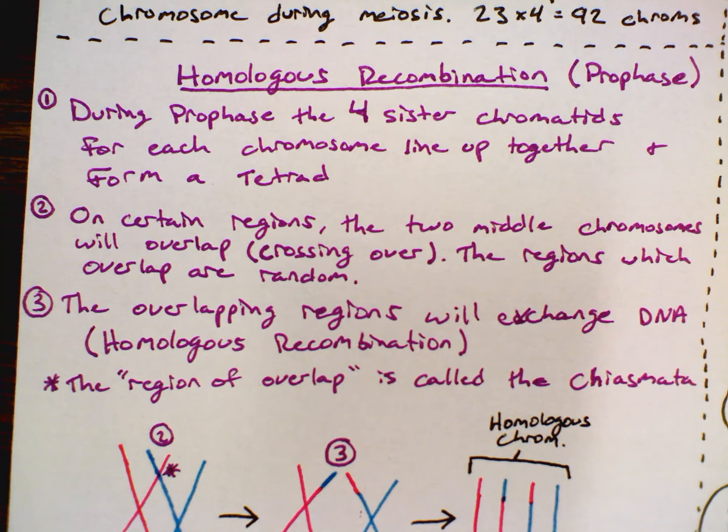And what we see during prophase is that those 4 sister chromatids of a homologous pair, so like mom's 2 copies of chromosome 1 and dad's 2 copies of chromosome 1, will come together and form a tetrad. We call that process synapsis, where the homologous chromosomes all come together. And then in certain regions, we will see overlap between the 2 middle chromosomes in that tetrad.